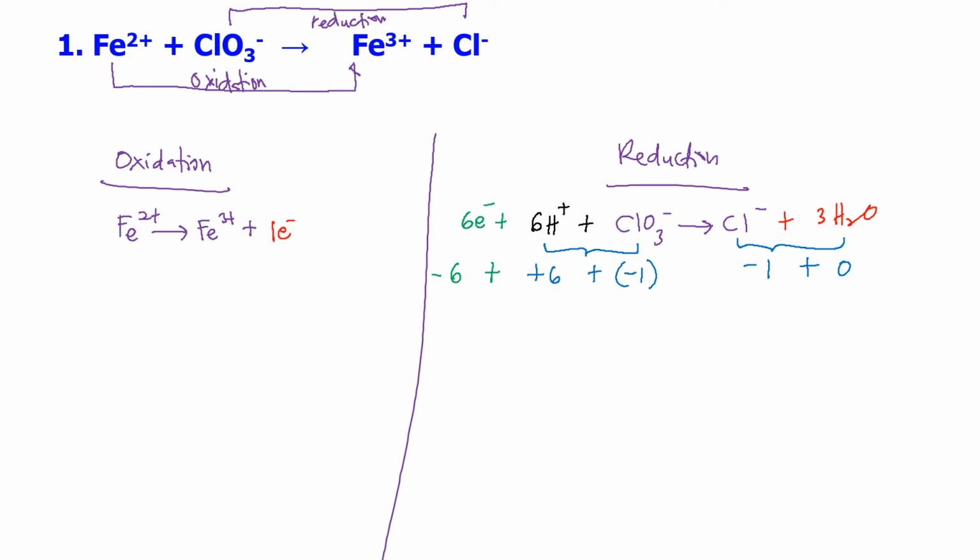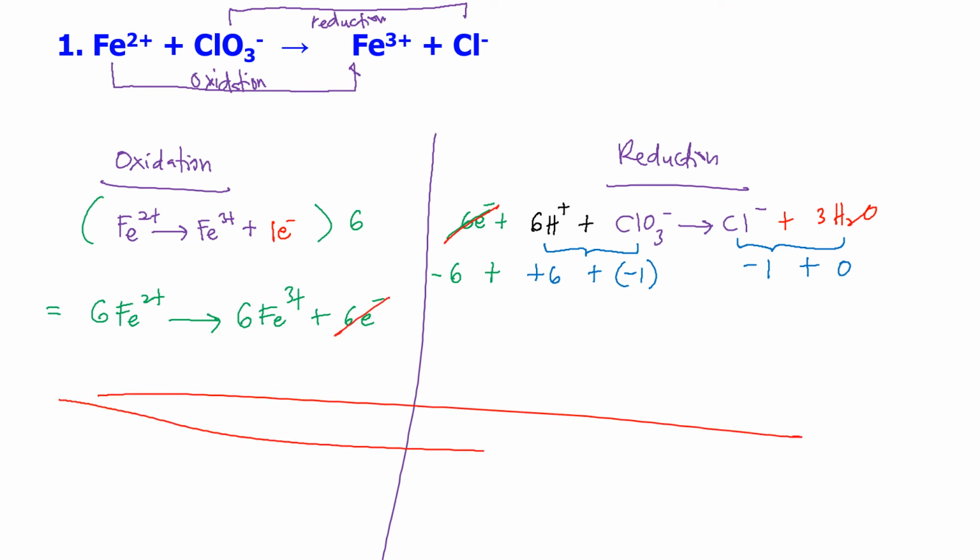You need to add 6 electrons in order to make sure you have negative 1 on both sides of your equation. Now that we have 6, on the left side you need to times the oxidation by 6, in order to have 6 Fe2+ produce 6 Fe3+ and 6 electrons. So now it is complete and balanced. Then you can add both equations, and the 6 electrons cancel out, making it the full equation.